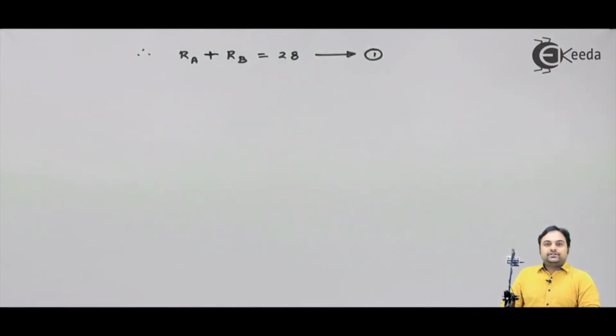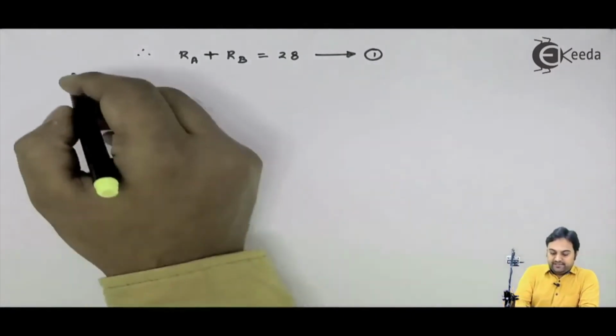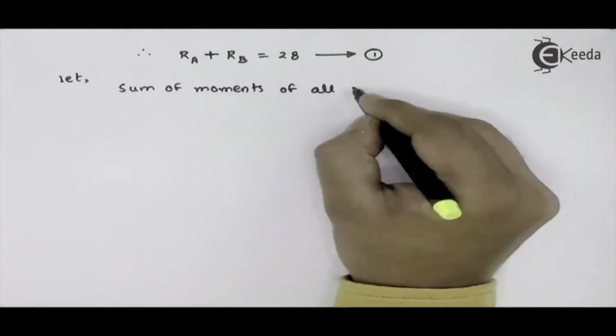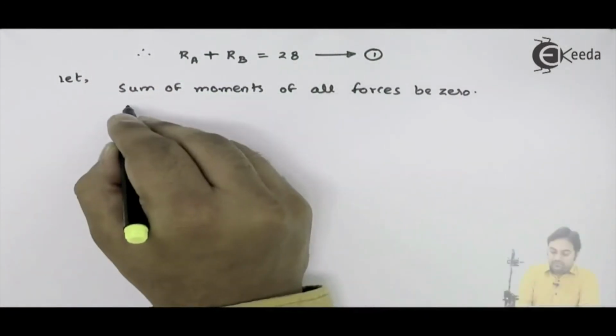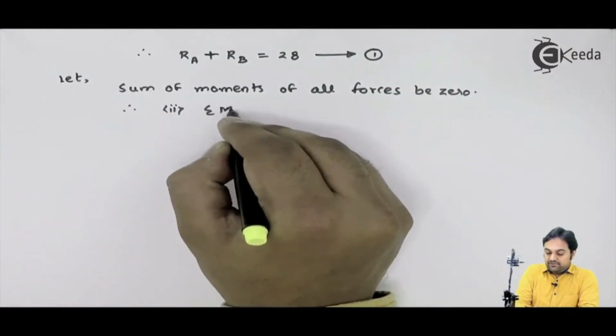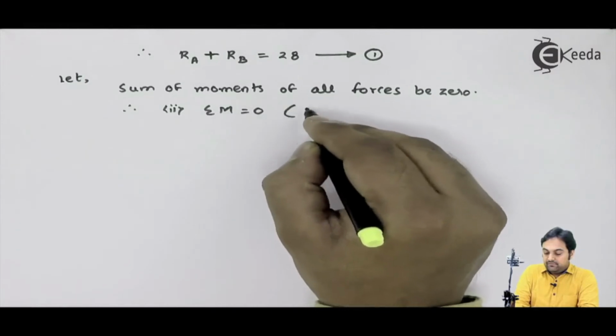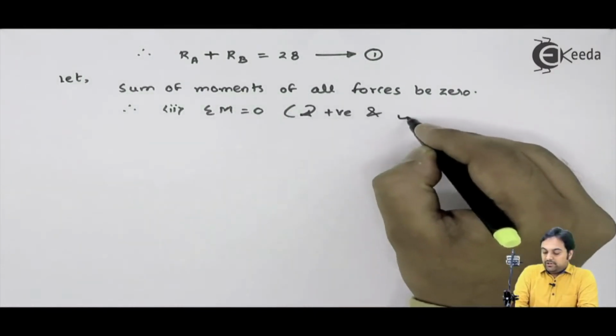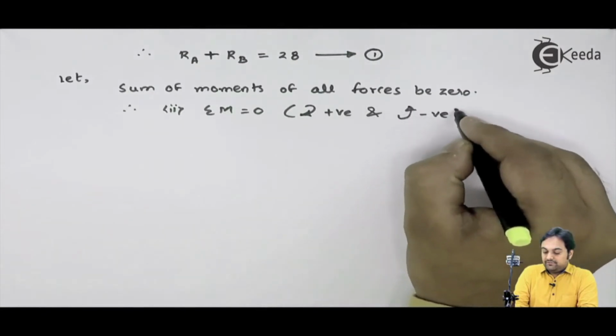After using the first condition of equilibrium, we will be using the second condition. For that, I will say that summation of moments would be equal to 0, where I will take all clockwise moment positive and all anti-clockwise moment negative.